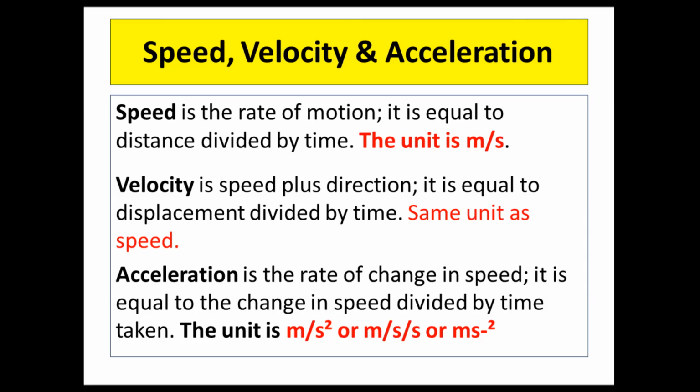We have other units like speed, velocity, and acceleration. For speed, the unit is meter per second. The same unit for velocity. While for acceleration, we have meter per second squared, or meter multiplied by second raised to the negative 2.